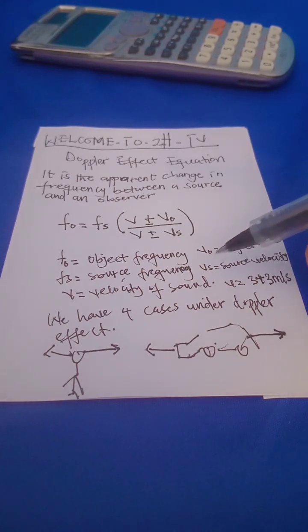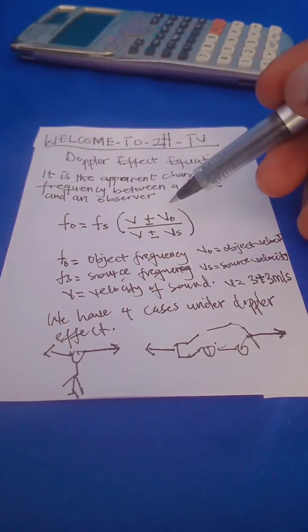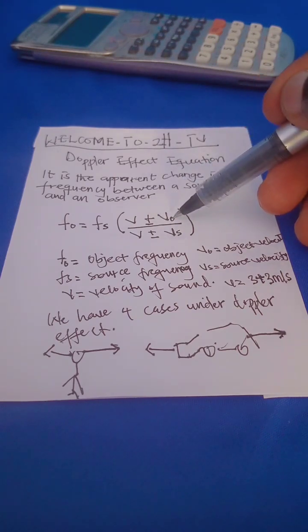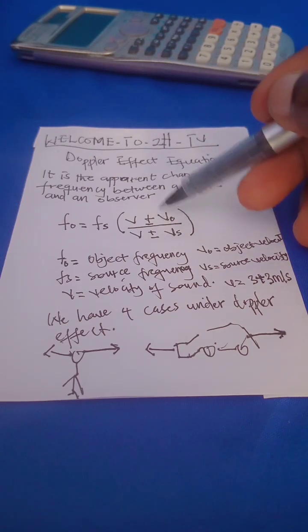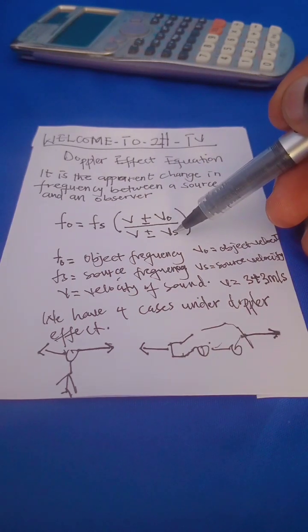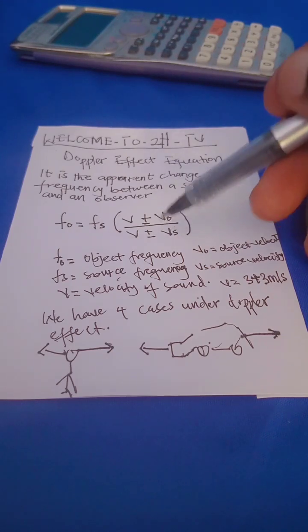Depending on these 4 instances, it will help us to know whether we are adding or subtracting the object velocity. And when it comes to the denominator, it will let you know whether you should add the source velocity or subtract.